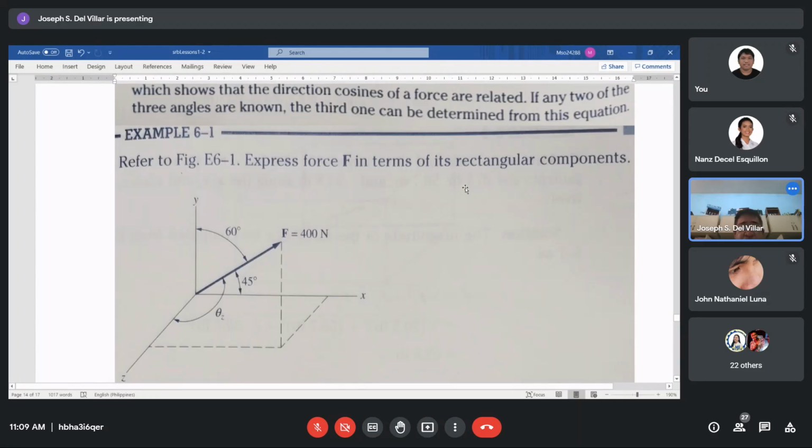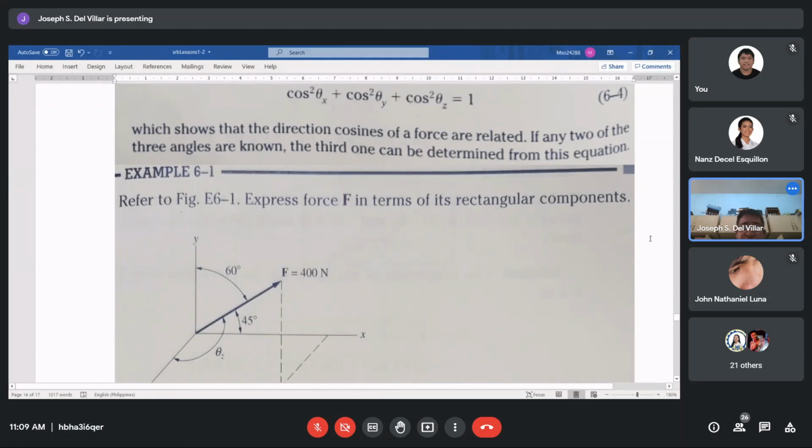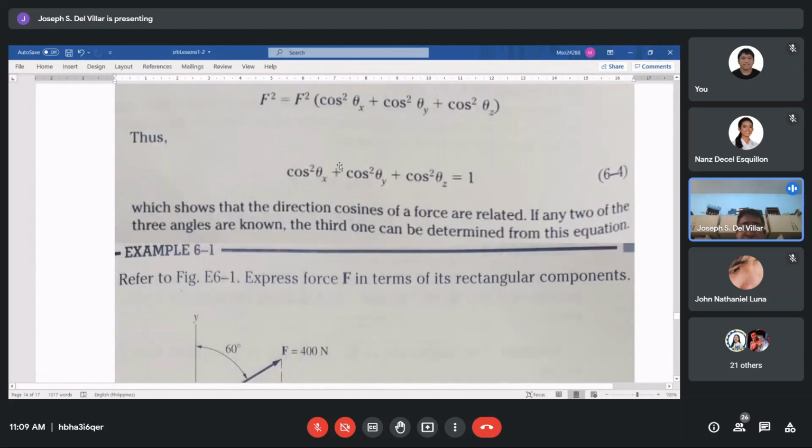So theta sub z, although the requirements are the rectangular components, before you solve the rectangular components, you first need to define theta sub z bago kayo pumunta sa components. Okay? So as I've said, the missing angle can be solved by using the identity-like equation. So two angles are given, x and y. So wala ito. But you have this equation, one equation, one unknown, you can solve the problem.